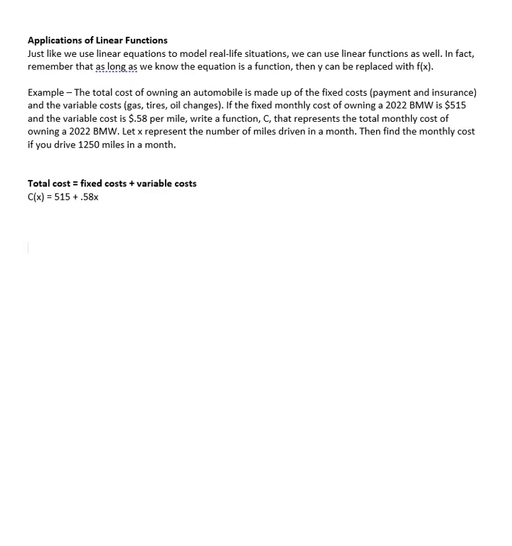All right, so now that we have our function, now we're ready to find the monthly cost if we drive 1,250 miles in a month. Well, remember that X represents the number of miles driven, so essentially what we're being asked to find is C of 1,250. So we're replacing X with 1,250, and if we do it on the left, we have to do it on the right as well.